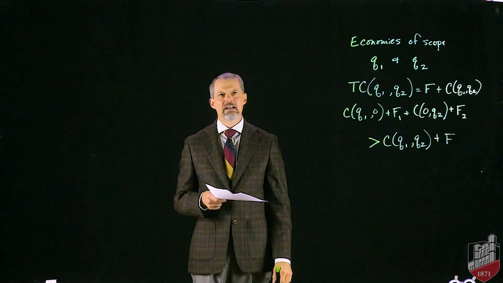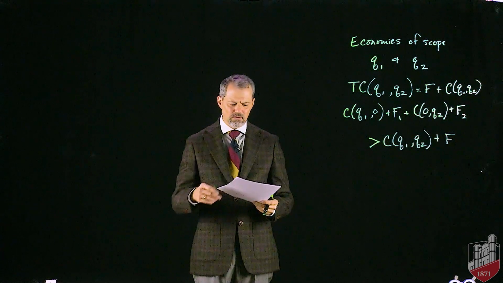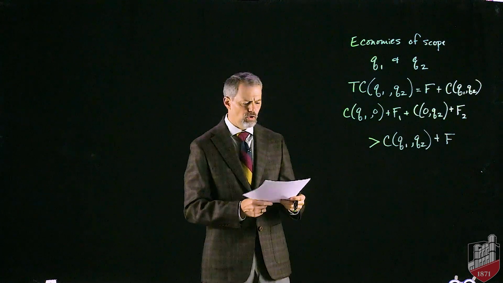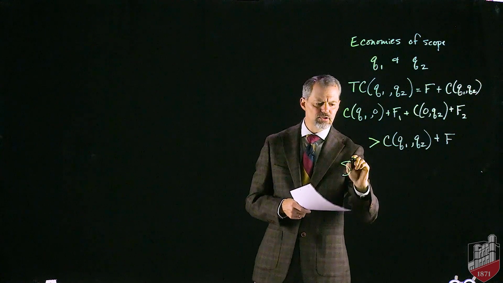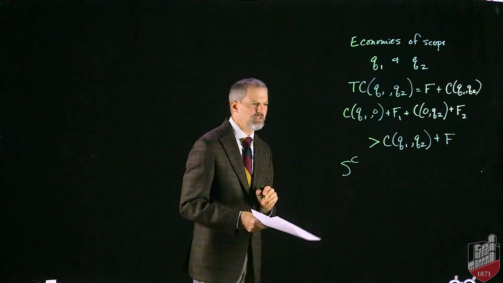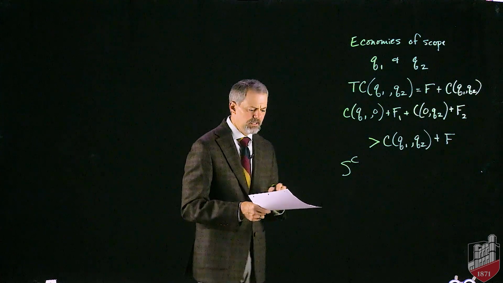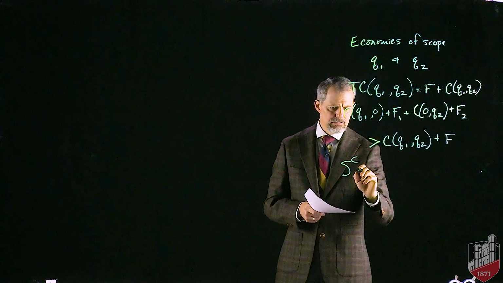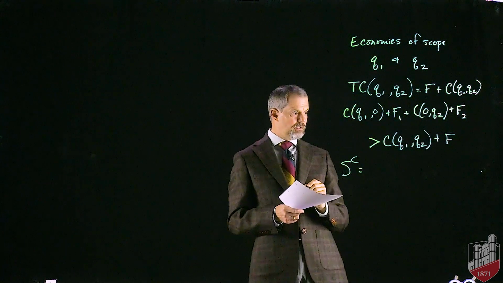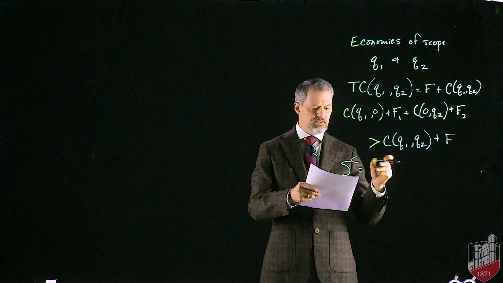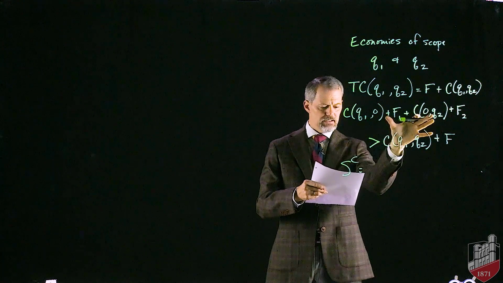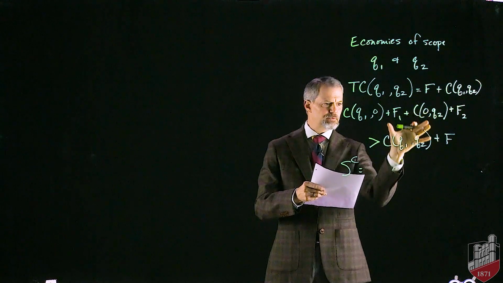And we can define a measure that we call scope. Sometimes we call it scope economies, but usually we abbreviate it SC. And here's what that looks like. I need to fit this all on one line. So I'm going to take this chunk right here, and I'm going to subtract off that.